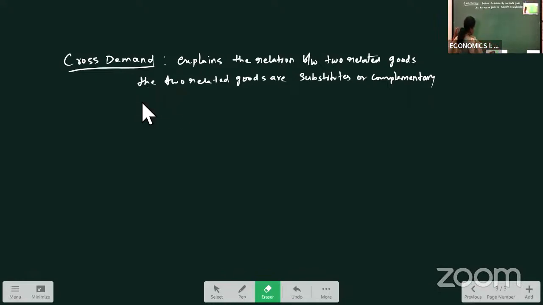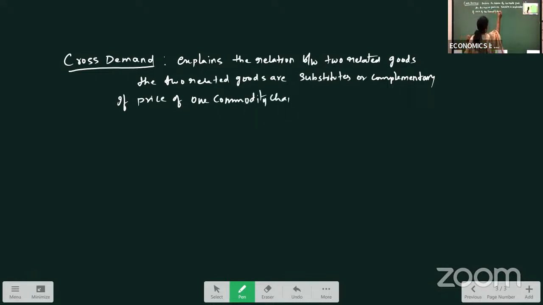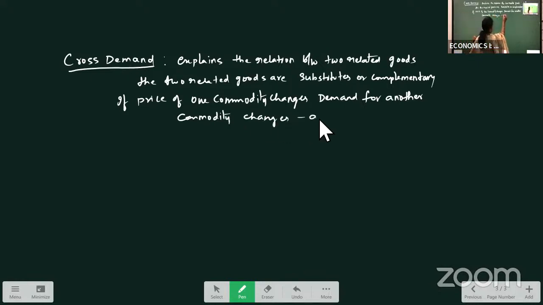Because if the price of one commodity changes, demand for another commodity changes, all other factors remaining constant.